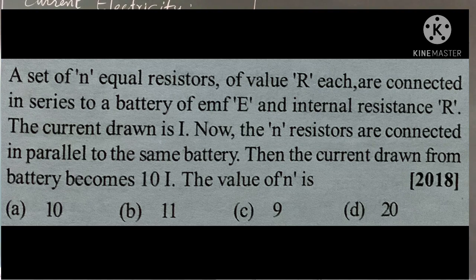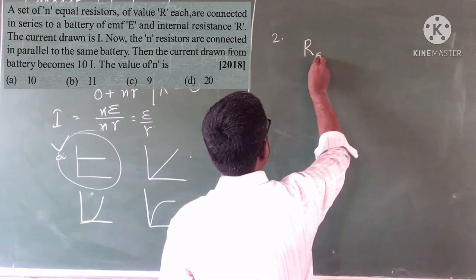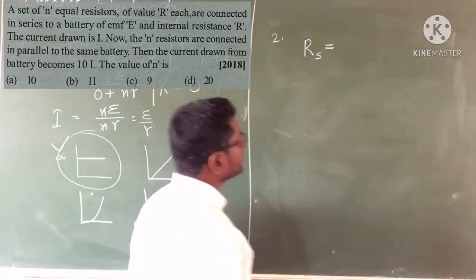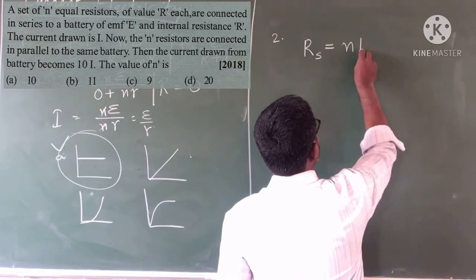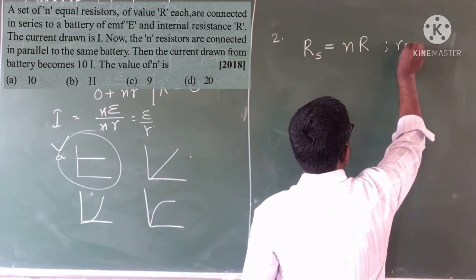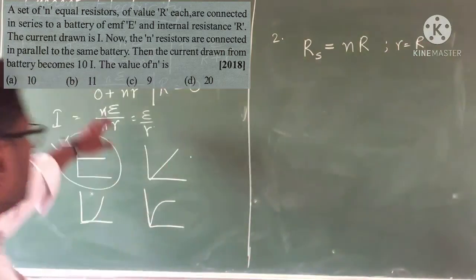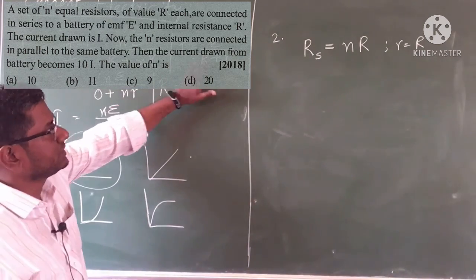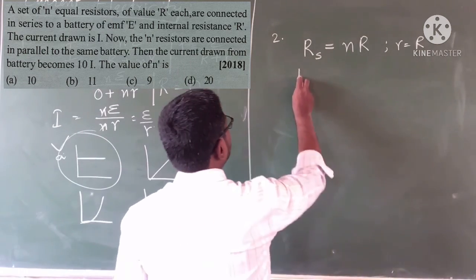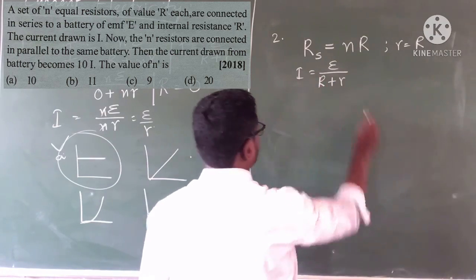The value of n is, what we have is, the resistors are connected in series, so I will take it as Rs. The resistors are same, that means I am going to take it as n times R. And also what is given here is the internal resistance is also equal to R. So the equation for the current is I equals epsilon divided by R plus r.